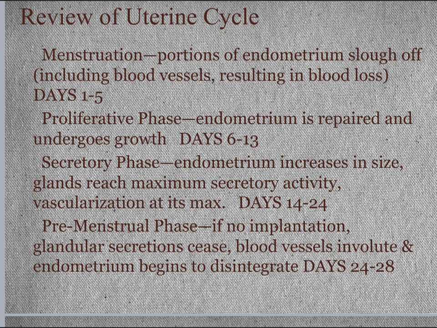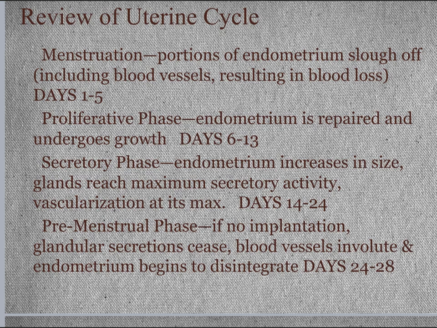So days 1 through 5 is menstruation. So portions of that endometrium slough off. This includes blood vessels, resulting in blood loss. The next phase is the proliferative phase. This occurs from day 6 to 13, where the endometrium is repaired and undergoes growth. We then have the secretory phase, days 14 to 24. The endometrium increases in size, glands reach maximum secretory activity, and vascularization is at its maximum.